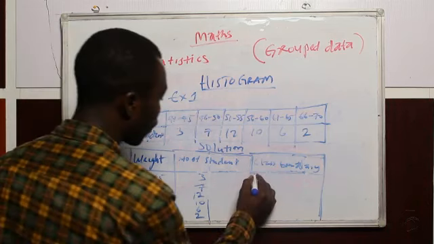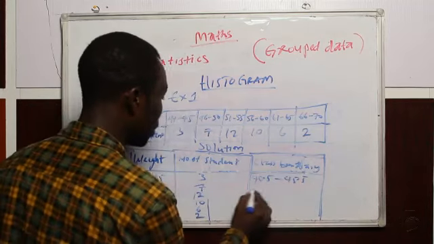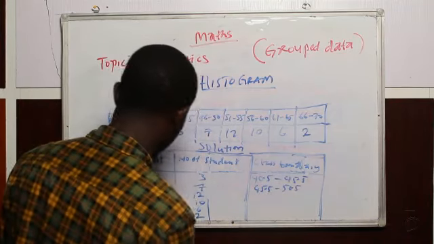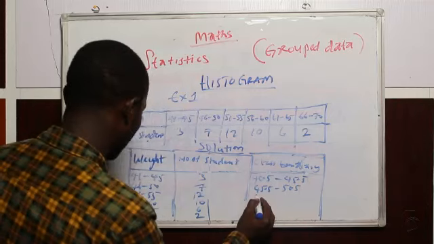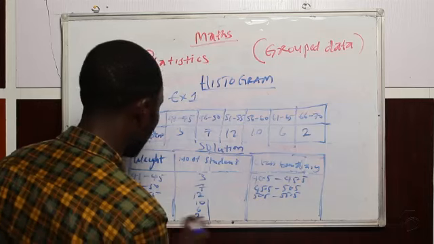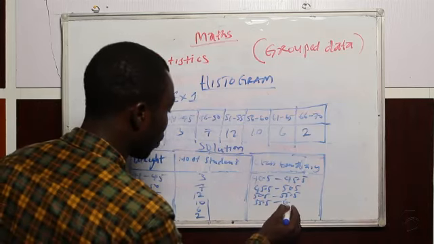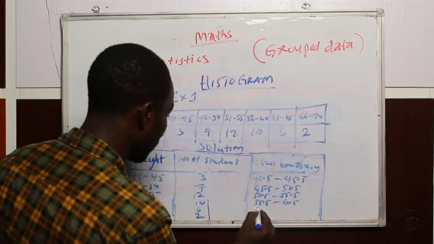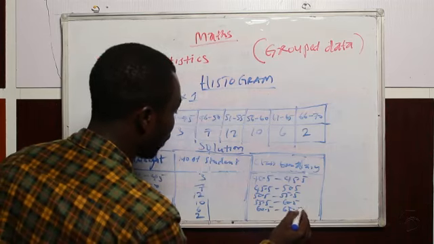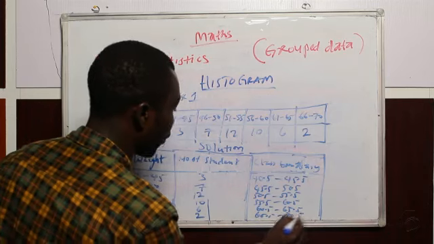Therefore, let's continue. 40.5 to 45.5, then 45.5 to 50.5, then here is 50.5 to 55.5, here we have 55.5 to 60.5, here we have 60.5 to 65.5, and 65.5 to 70.5.